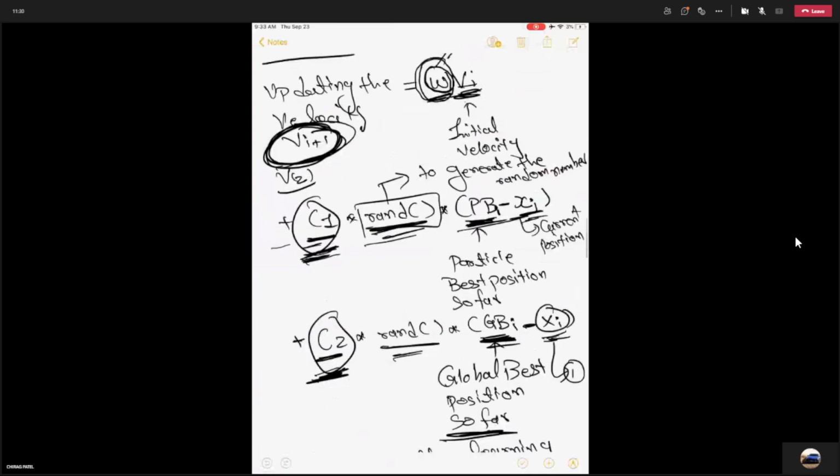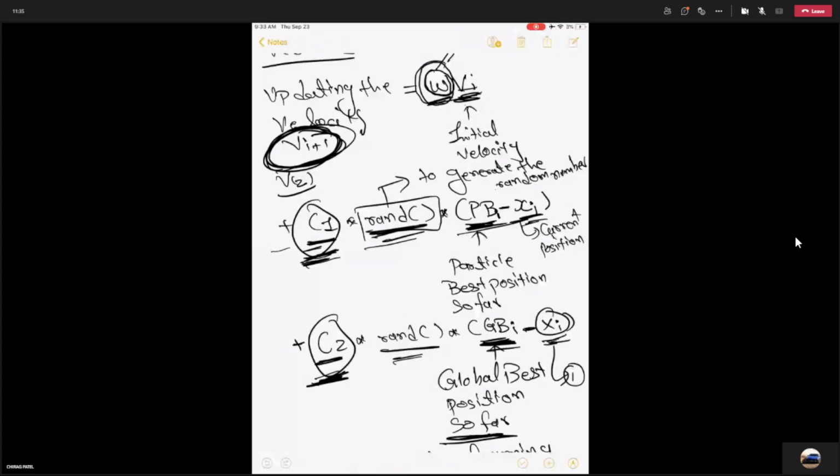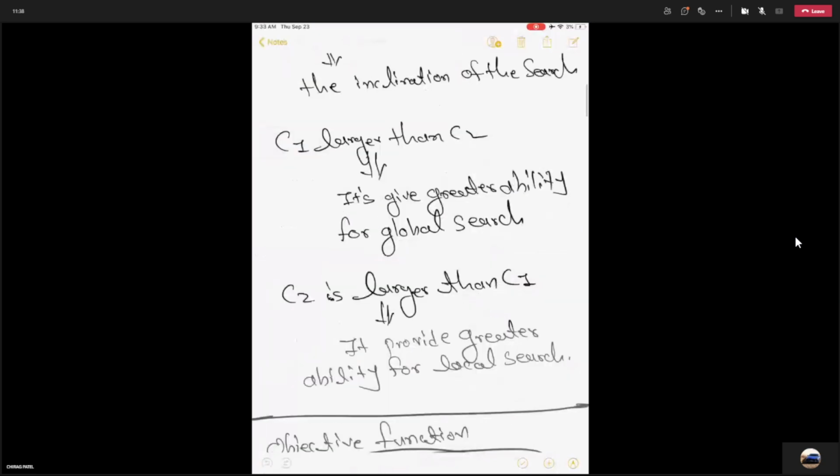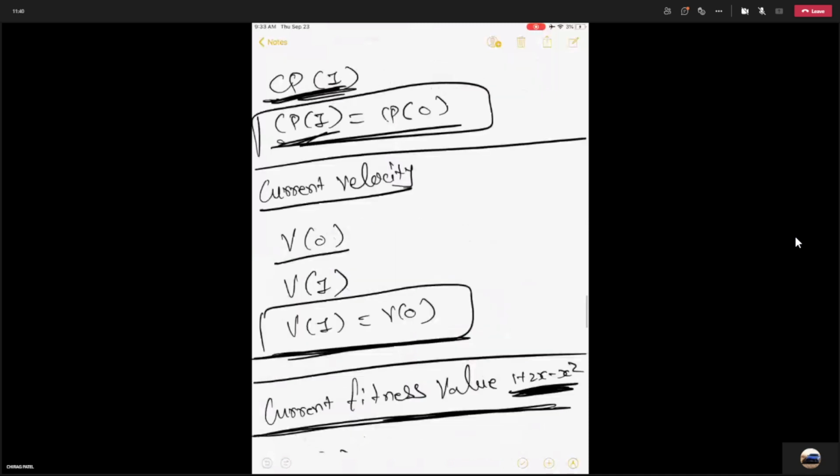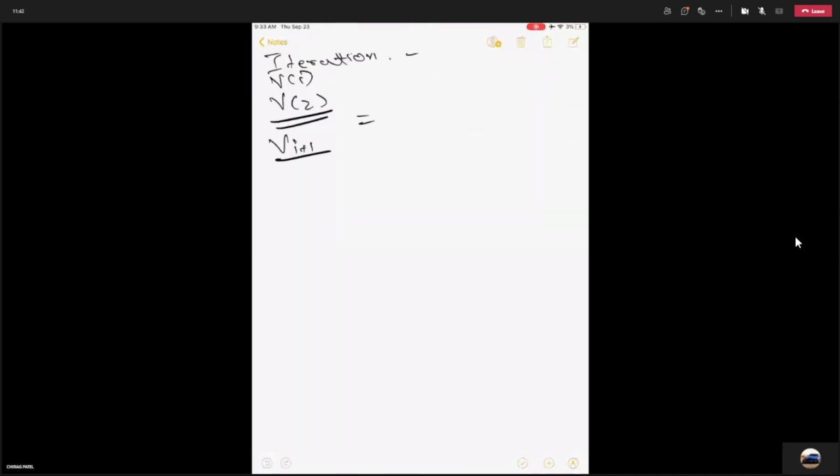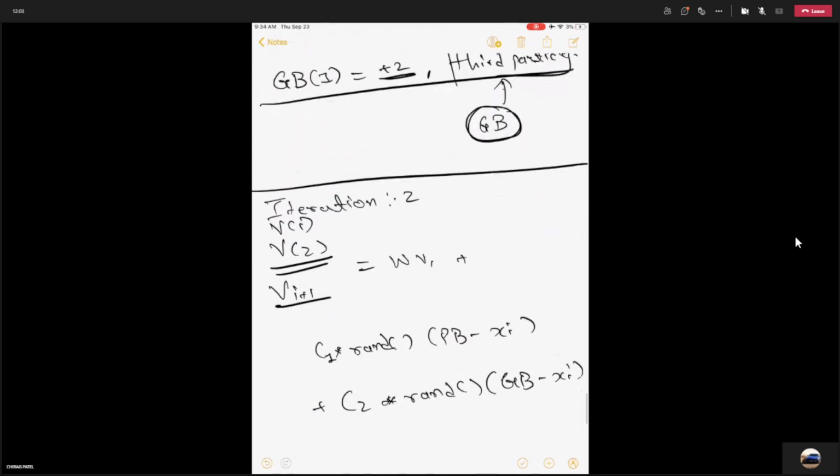If you want to calculate this equation, it is WV1 plus C1 into the random function times personal best minus current position, plus C2 times global best minus current position, right? Now what is the value of WV1?